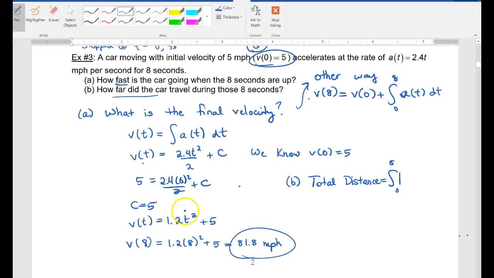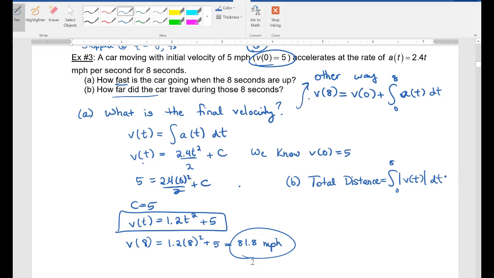Well, we already found, remember how we found velocity here? Oh, I get it. Never mind. We're good? Okay. Kind of running out of room here.